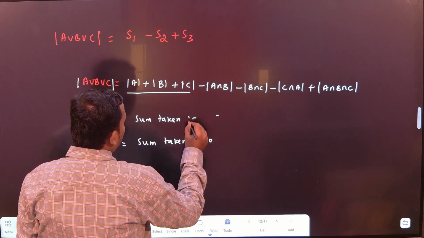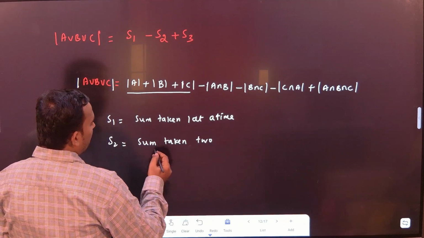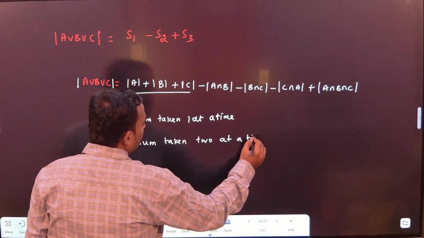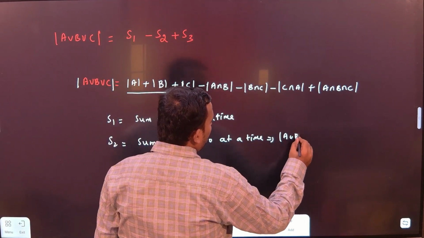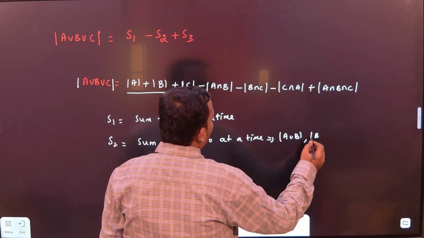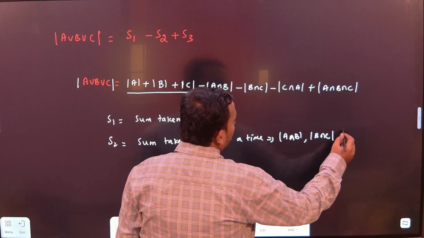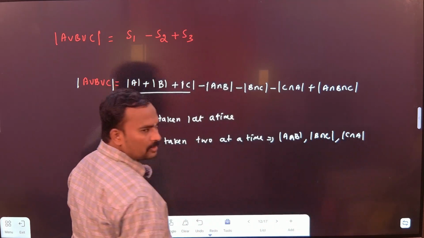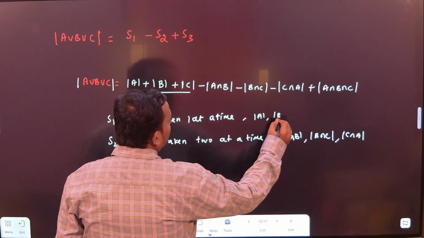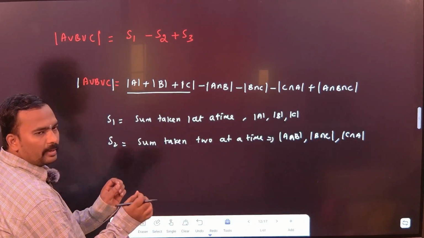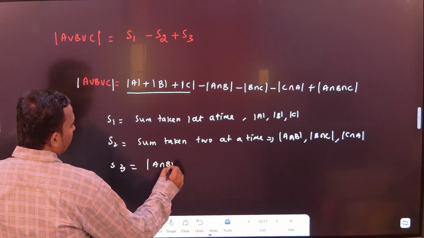So sum taken 2 at a time. This means what? A intersection B, B intersection C, and C intersection A. 2 at a time, right? Here 1, right? So adding all the things, right? And S3 you can see A intersection B intersection C.